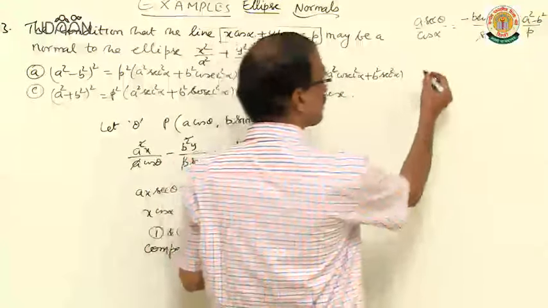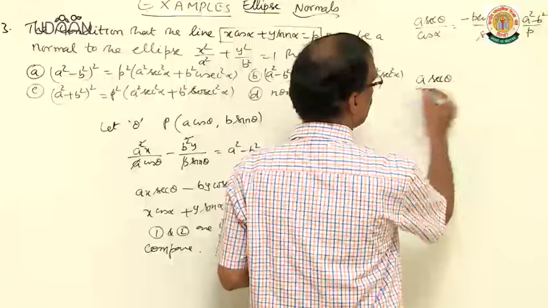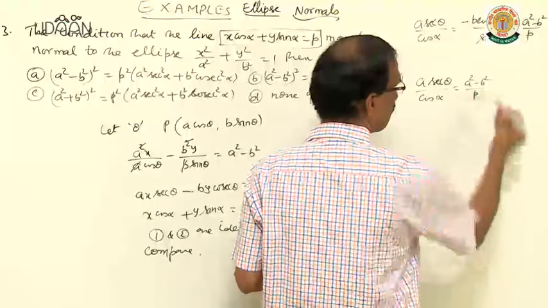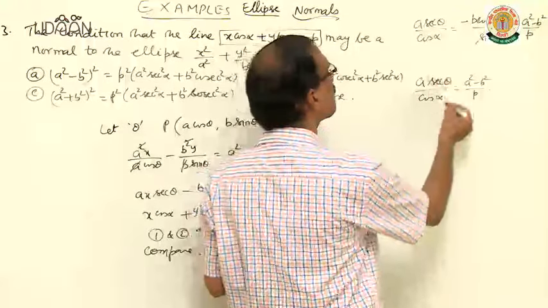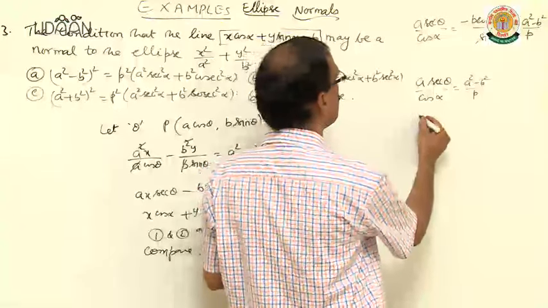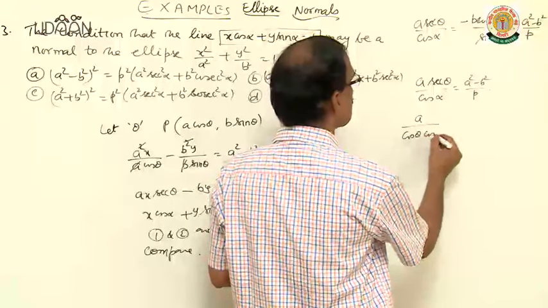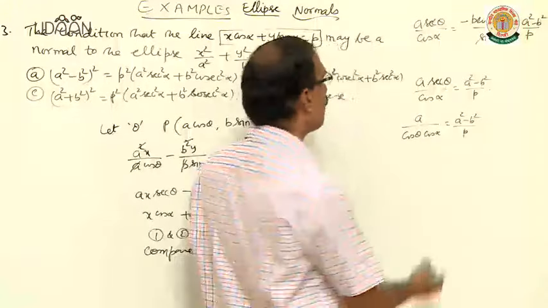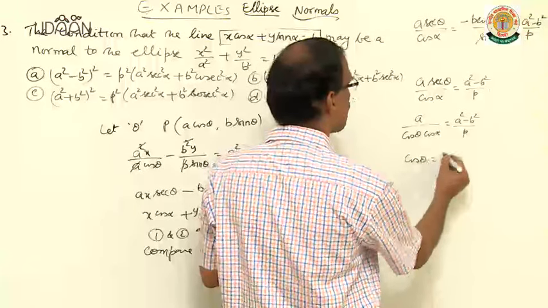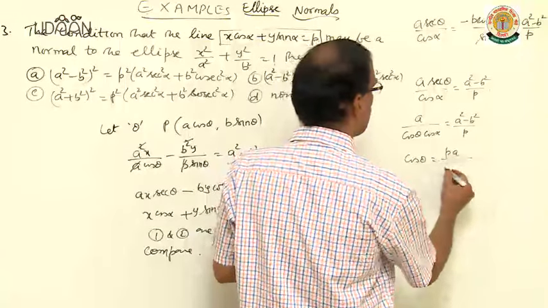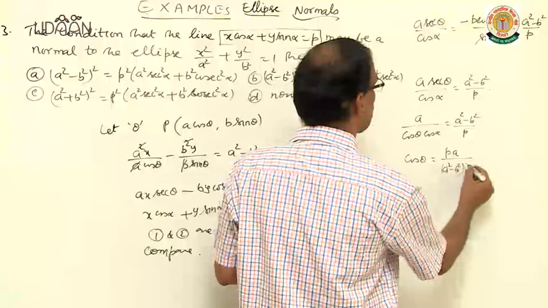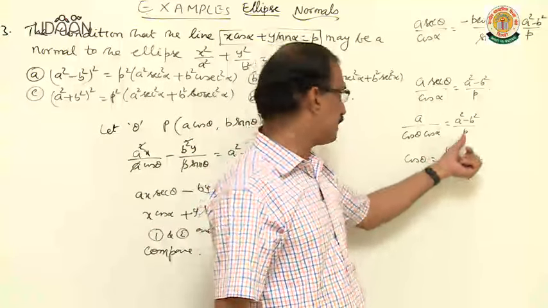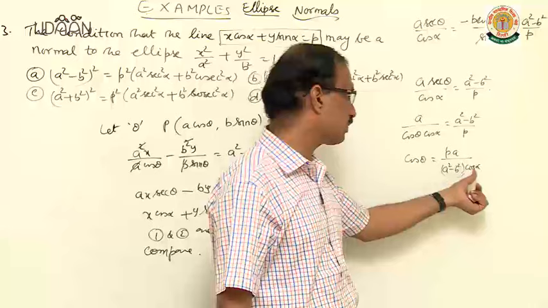So from this we get a sec theta by cos alpha equals a square minus b square by p. Sec theta means what? 1 by cos theta. So from there a by cos theta cos alpha equals a square minus b square by p, or we get cos theta equal to pa upon a square minus b square cos alpha.